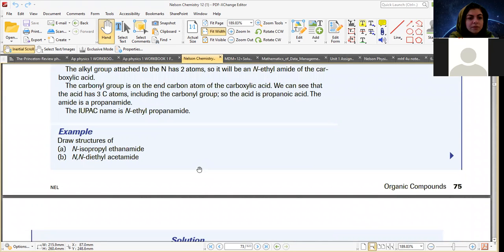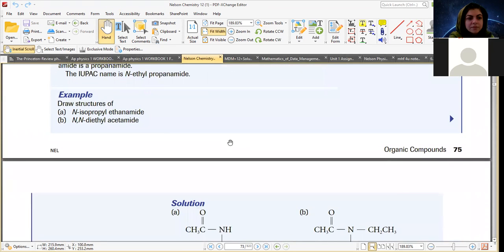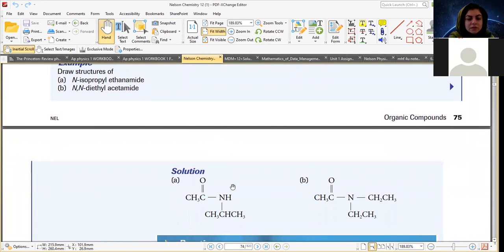Draw the N-isopropyl ethanamide. Isopropyl is the one where you attach to the middle carbon. So you have an N that is attached to isopropyl from the middle carbon. Then your main chain is ethanamide, ethane, it has 2 carbons, right? Double bond with oxygen here. Make sure your main chain now is the one that is attached with the double bond with oxygen, not necessarily the longest one.